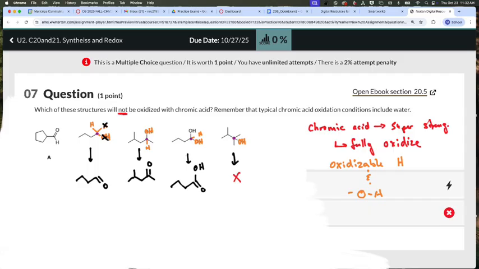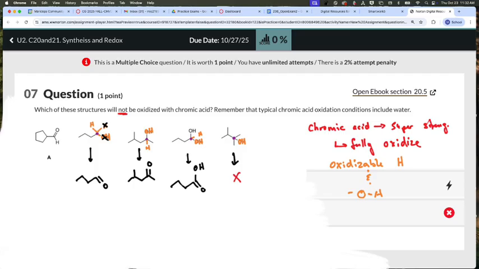I didn't look at A. So what's going on in the case of A? Does it have an OH? No. And if it doesn't have an OH, can it oxidize? This largely has to do with the mechanism of how chromic acid works.